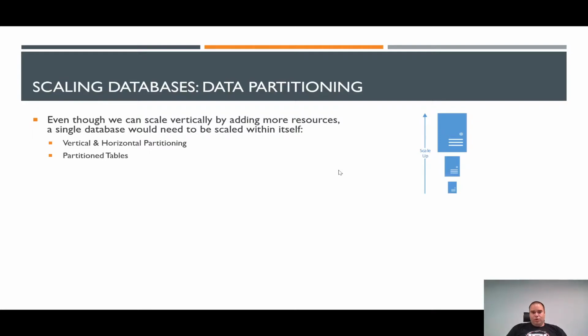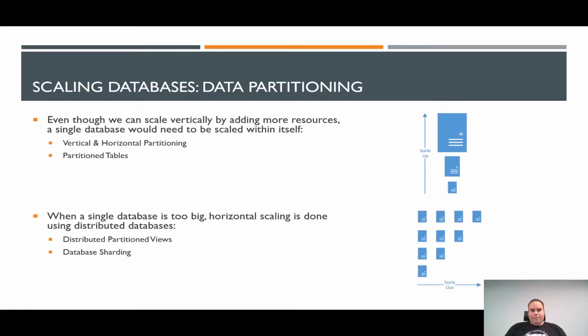Simply adding more resources to a machine might not be enough. We need to scale the database from within itself. We can use vertical and horizontal partitioning to do this so that we can split the data across multiple tables, or even use the SQL Server 2005 feature of partitioned tables to split a table across multiple file groups and therefore multiple data files.